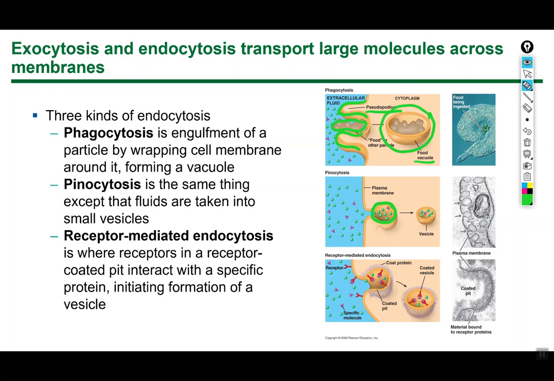And then receptor-mediated endocytosis involves molecules that are very specific, interacting with their specific receptor on a patch of membrane, and then once that patch of membrane has accumulated enough bound proteins, that vesicle will form via endocytosis, creating a coated vesicle, and the coating on the outside tells the vesicle where it needs to go inside of the cell.